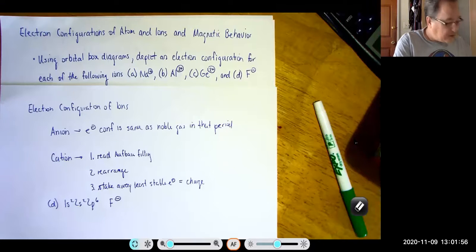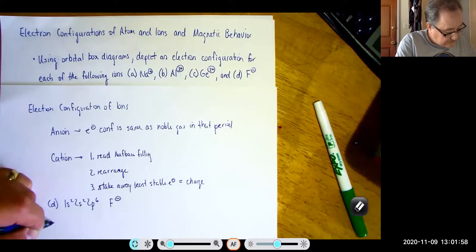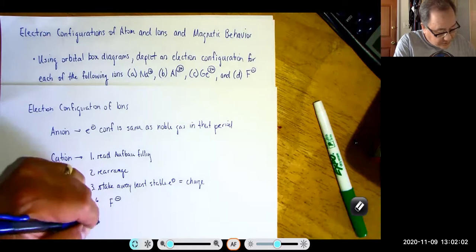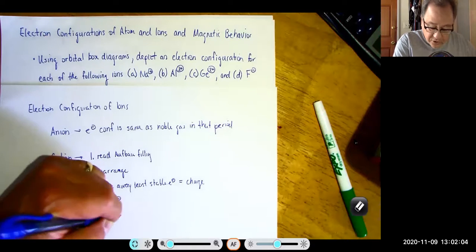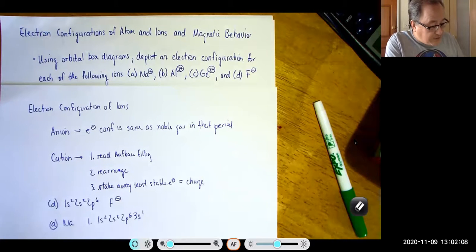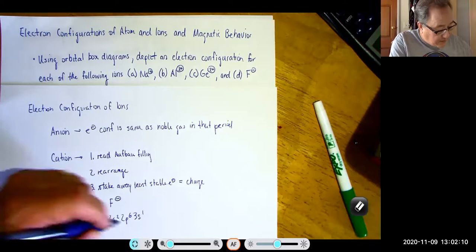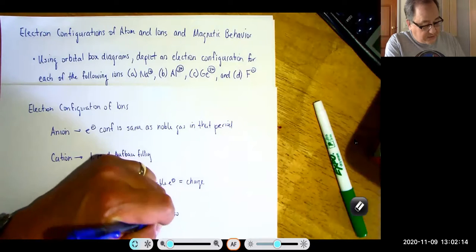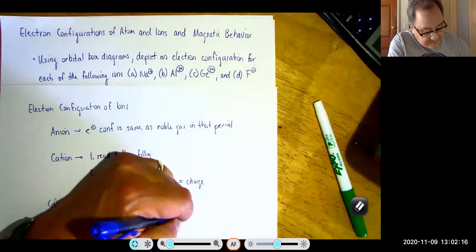Okay, let's look at sodium. So sodium, first step is 1s2, 2s2, 2p6, 3s1. There's no need to rearrange.